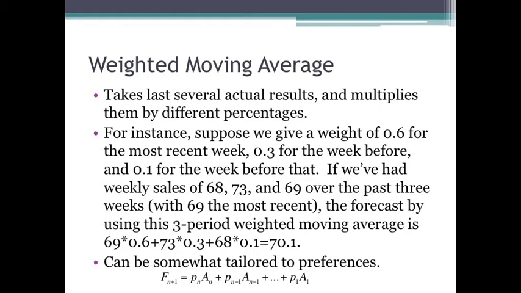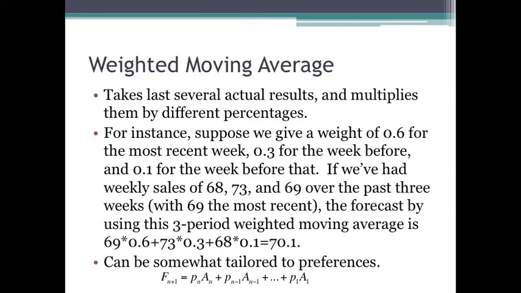So what we do is we take the last several actual results and we weigh them differently. In other words, we multiply them by different percentages according to how much we want to use those particular cases in our forecast. So suppose we decide that we want a weight of 0.6 for the most recent week, 0.3 for the week before, and 0.1 for the week before that.